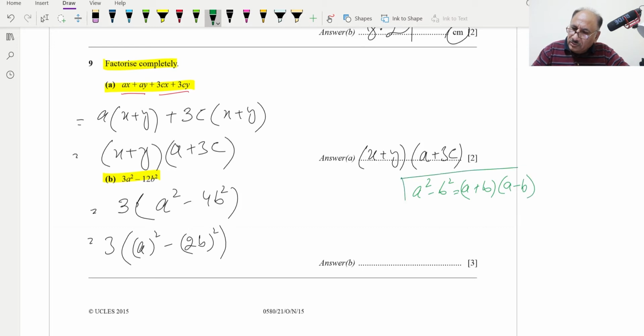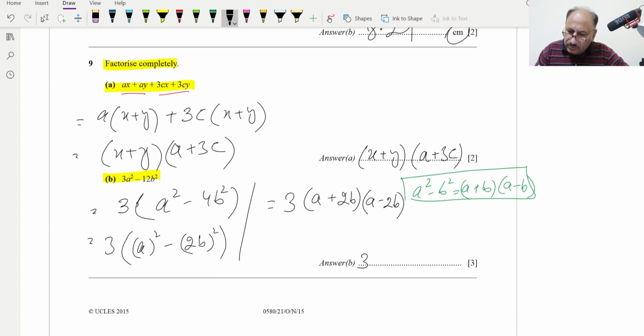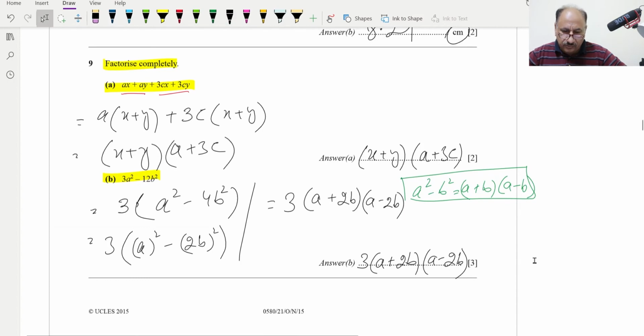This is the formula we will be applying here, and we will get 3 into a plus 2b and a minus 2b. This will be the final answer for this part.